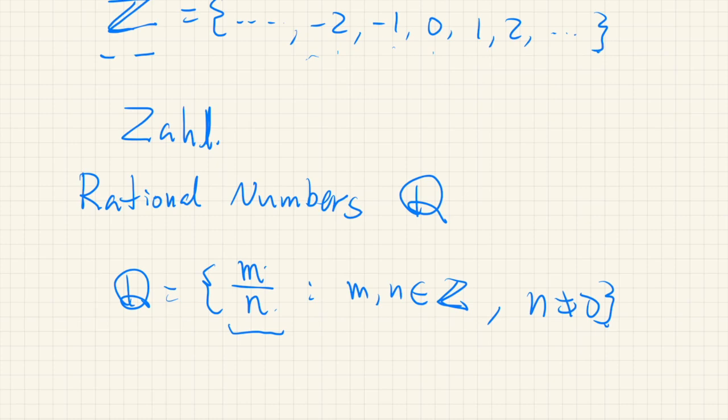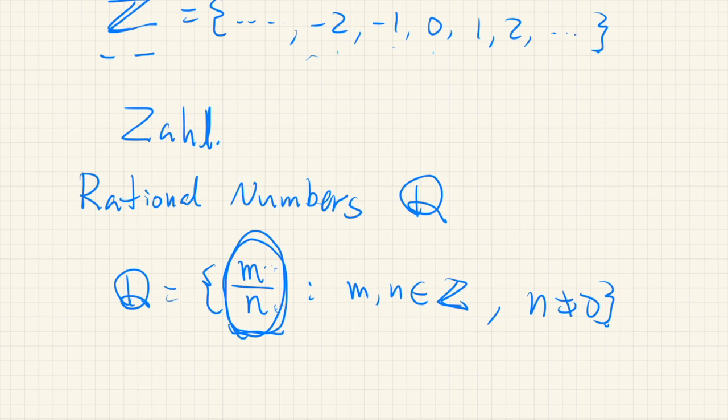So all numbers that can be expressed as the ratio between two integers are rational numbers. But if you think about it, what this notation means is not actually trivial and requires some deep consideration. But we just assume that we already know what this means.